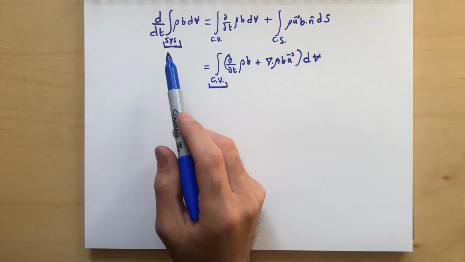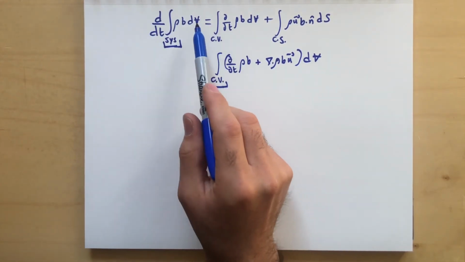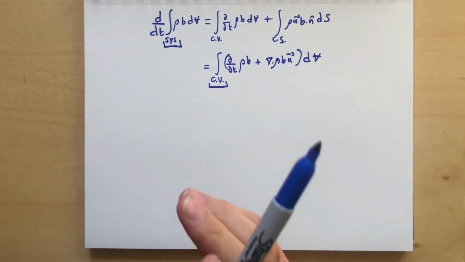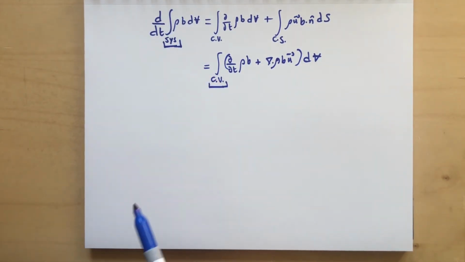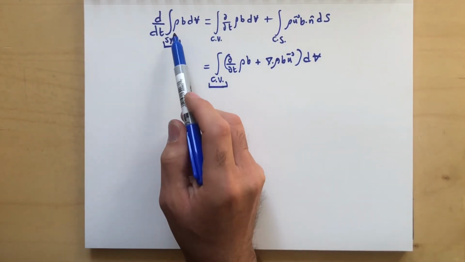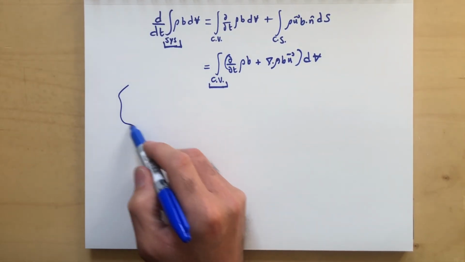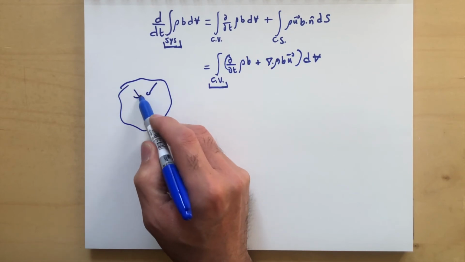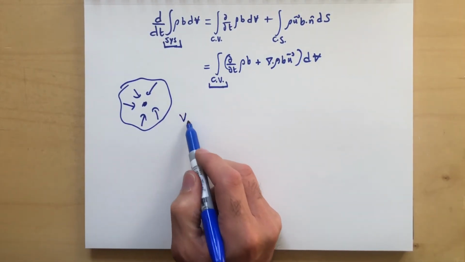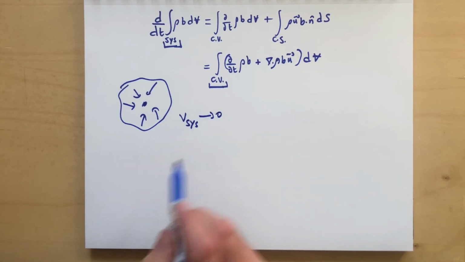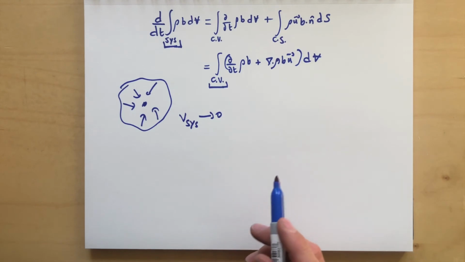Now, in principle, that is essentially the material derivative, but applied to a finite sized collection of material points, which is the material system. So in principle, if we shrink the material system to an infinitesimal point, so V system goes to 0, then we should recover the material derivative.